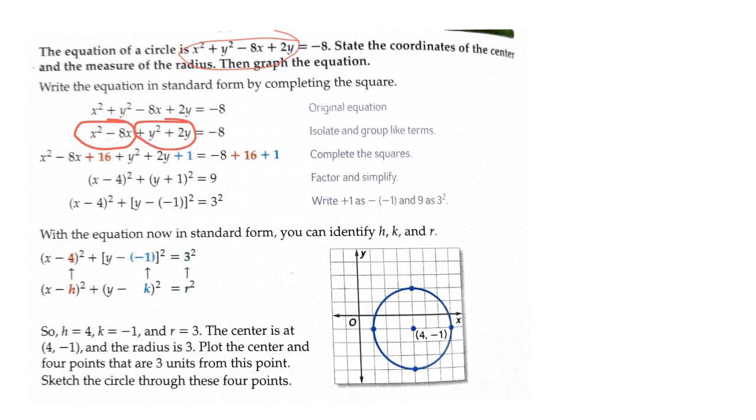So let's start with x squared minus 8x. So to complete the square, we have to add a number c right here. Now the question is, what number are we going to add?